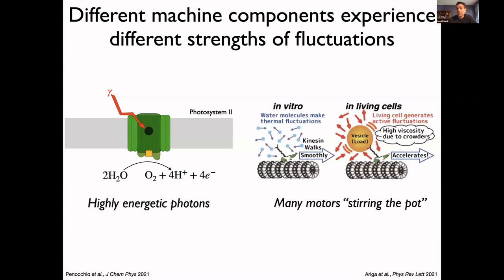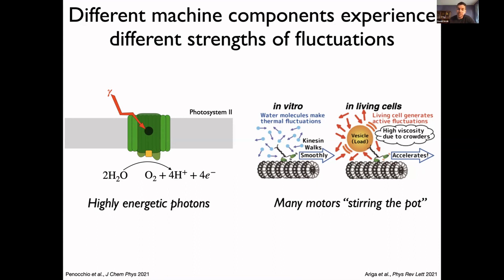Likewise, if you think about these transport motors, they're acting, they're moving, they're consuming energy and doing directed motion in the context of many other motors that are doing similar kinds of things. And those motors are not only channeling free energy into motion, they're also just dissipating energy into their surroundings. In general, they're kind of stirring the pot, right?